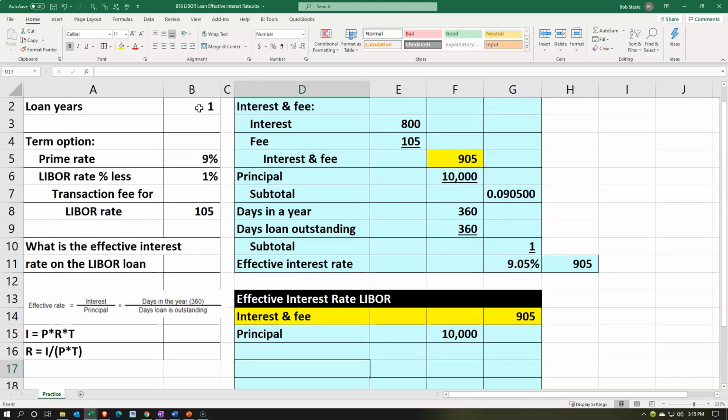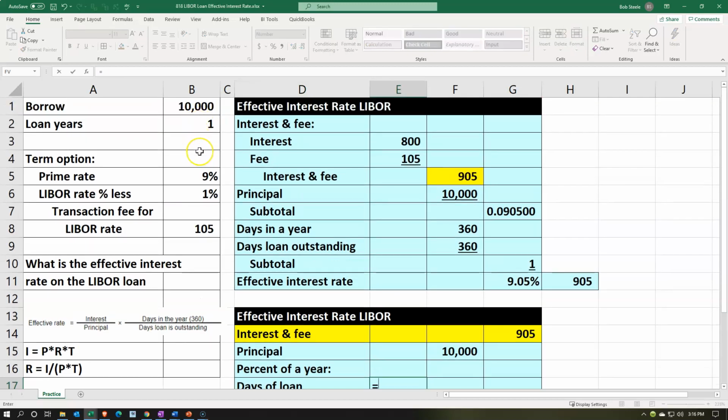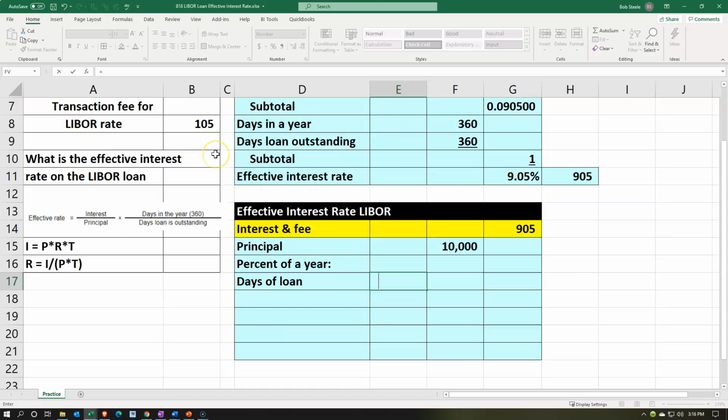And then for the percentage of a year, we're going to do that same kind of subtotal calculation. So percent of a year is going to be the days of loan. I'm going to put this in the inner column. The days of the loan are going to be 1 year, so I'll say 12 times 30, and then the days in year are going to be 12 times 30.